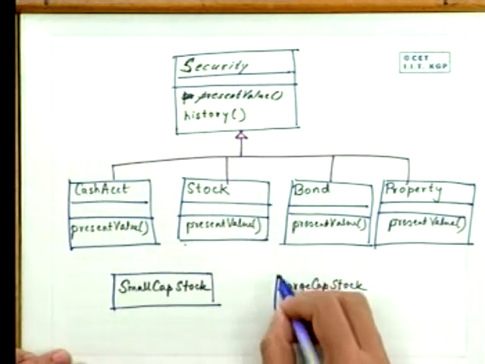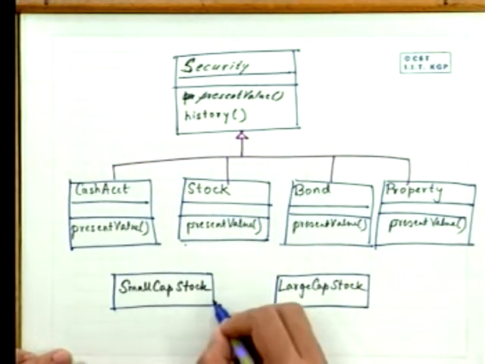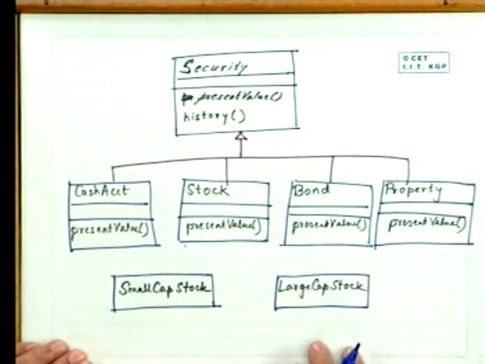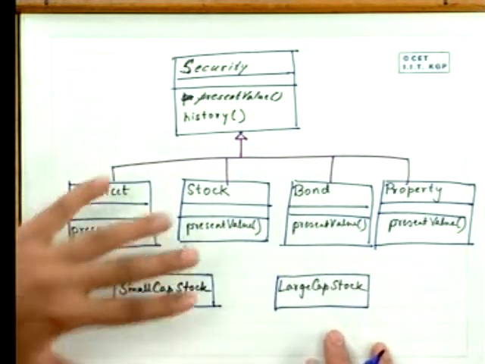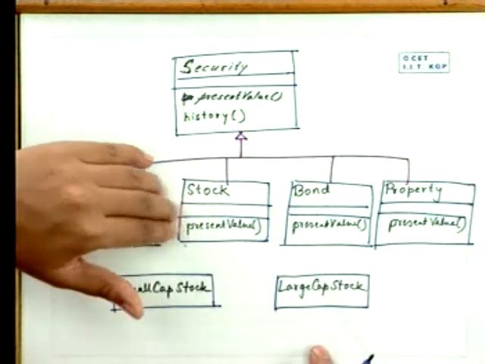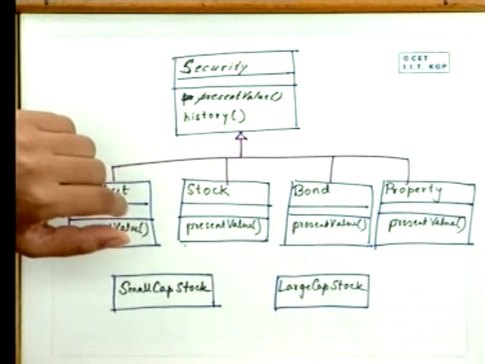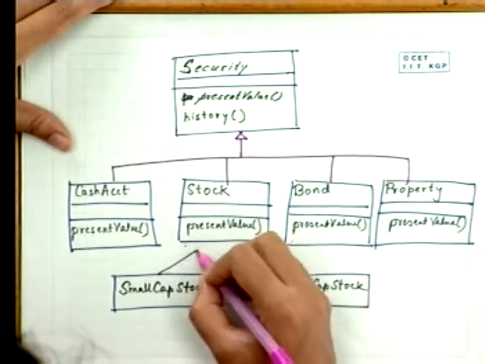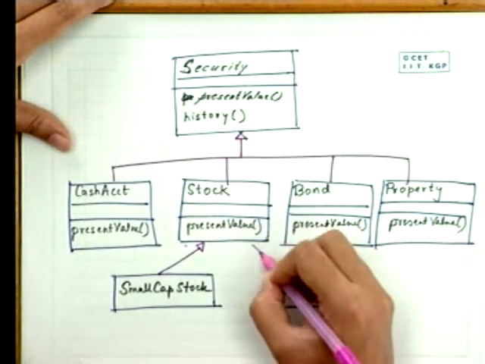We note that the small cap stock and large cap stock are subclasses of a concrete class Stock, and we can represent this by an inheritance relationship.